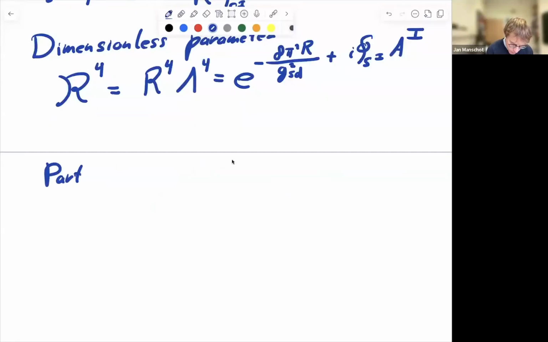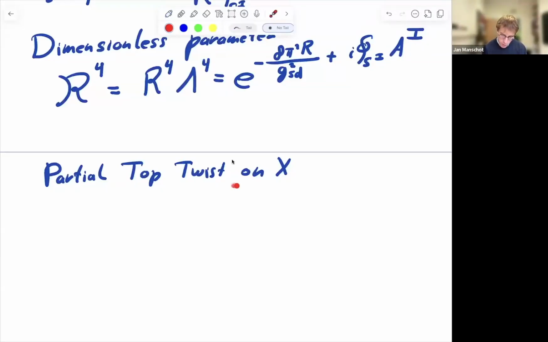Partial topological twist on X. So this means that the observables will be topological on X, but they are not topological on S1, and therefore they do depend on the radius.